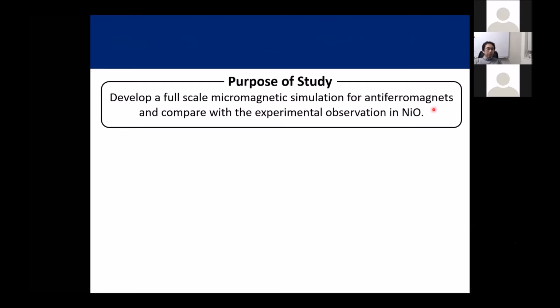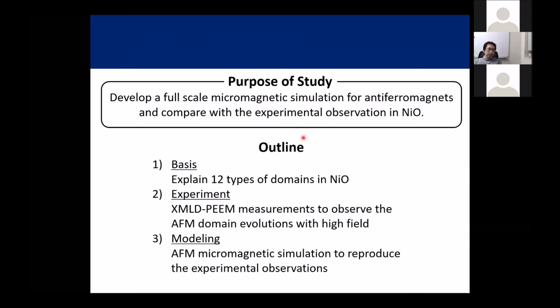So in this study, we basically try to develop full-scale micromagnetic simulations for antiferromagnets and compare with the experimental observation in nickel oxide domains. The outline of today's talk: first, I will explain the 12 types of domains in antiferromagnetic nickel oxide.